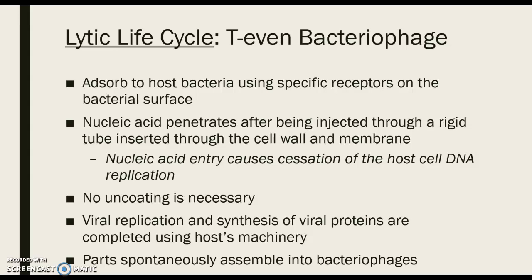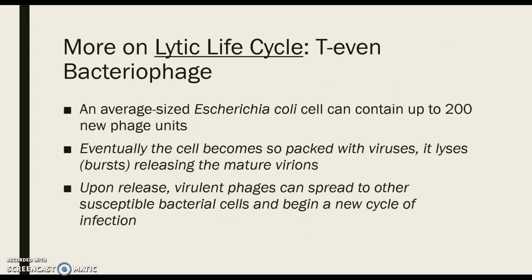Because it's injected into the cell, there is no uncoating step as there is in animal cells. The viral replication and synthesis of viral proteins are completed using the host's machinery, and parts spontaneously assemble into the bacteriophages. Okay, so that's the lytic life cycle.